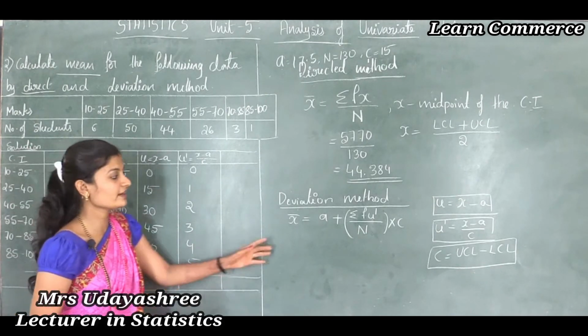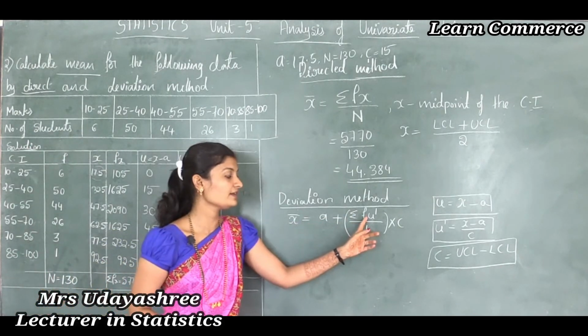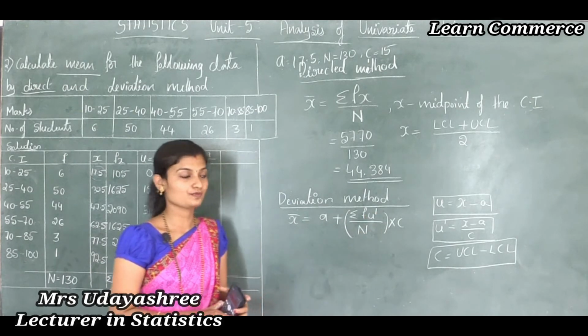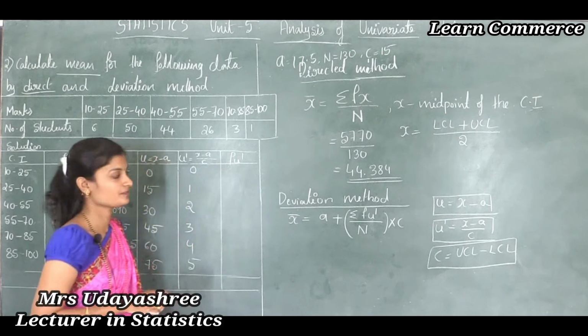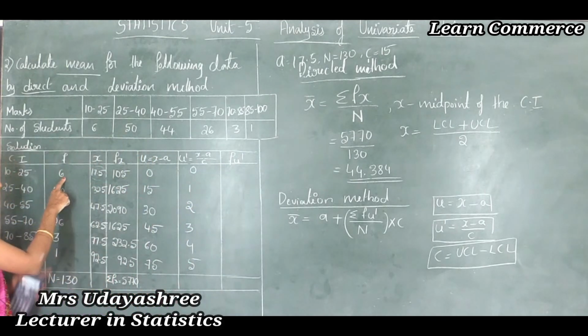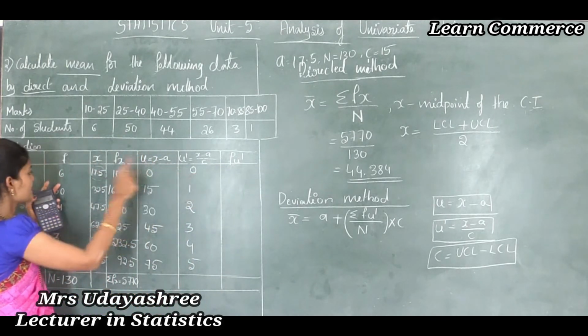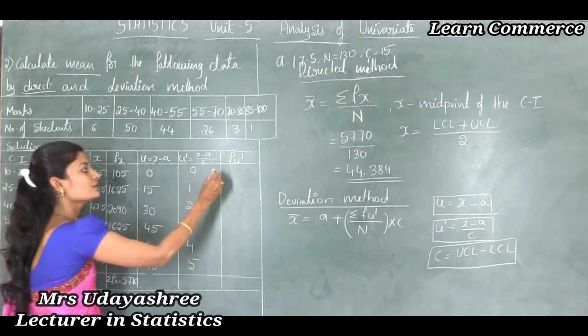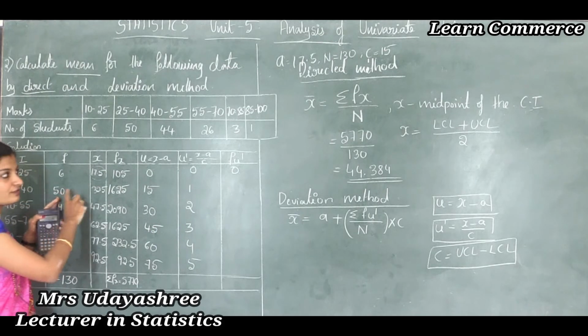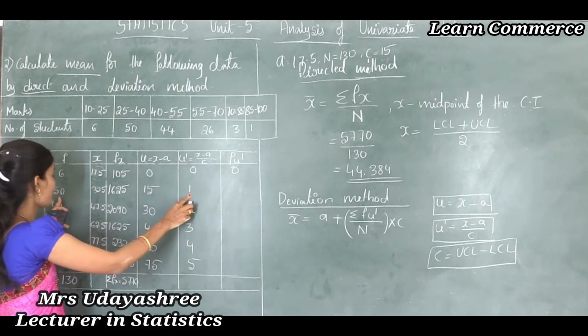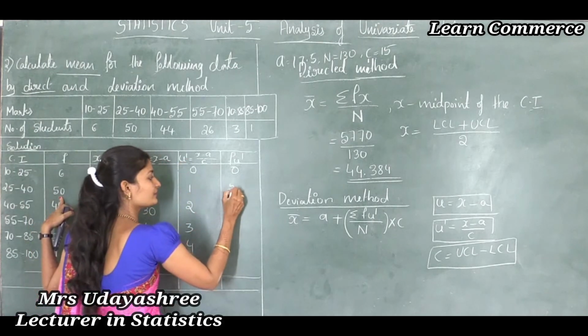So next, based on the formula we need to find f into u dash. So next column is f into u dash. See here, f is 6 and u dash is 0. So 6 into 0 is 0. Next f observation is 50. So 50 into u dash, that is 1, is 50 only.